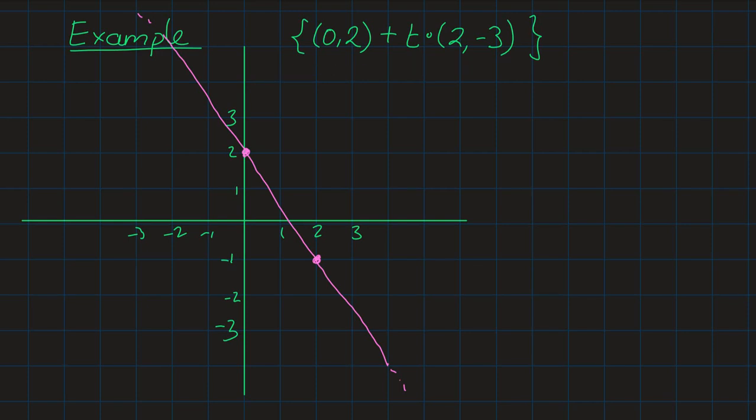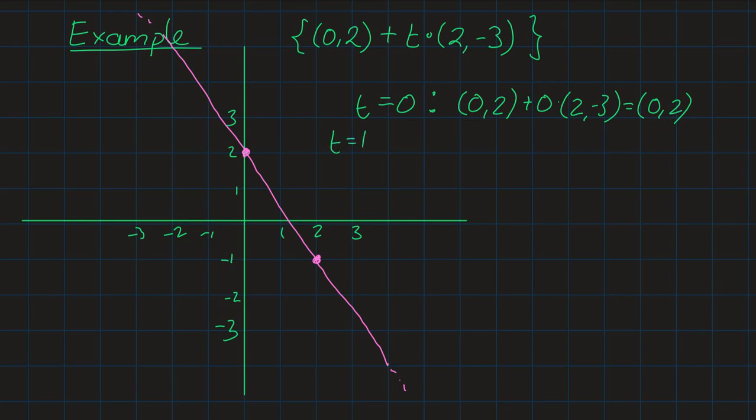Another way you can think about this is plotting all the points as you vary t. For example, when t is equal to 0, you just have (0, 2) plus 0 times (2, -3), which is (0, 2), which we have.